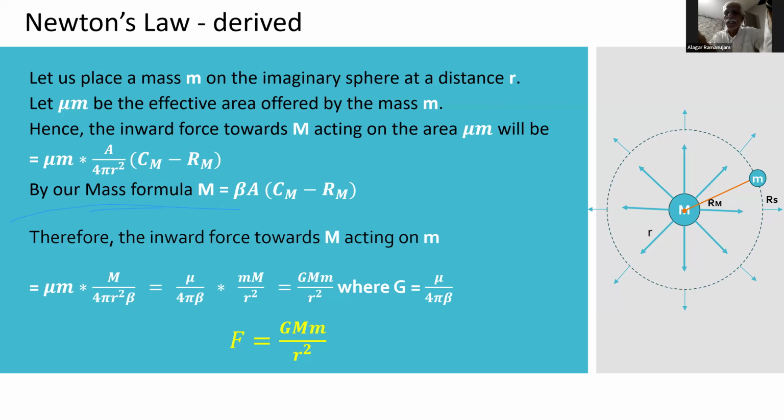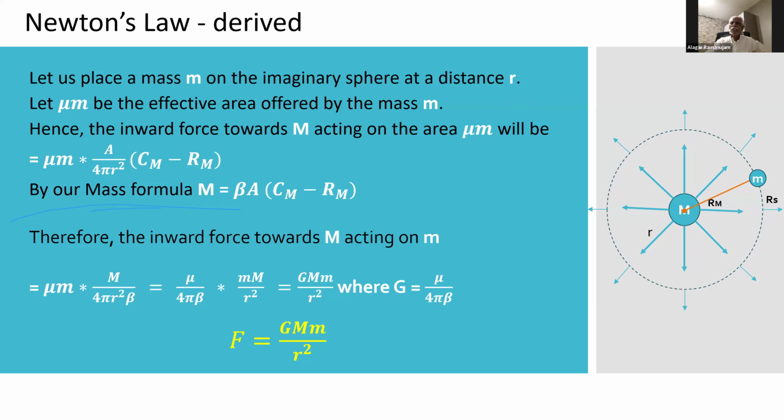Mu by 4 pi beta we keep as a constant G. Then we have G M m by r square, where this G is our gravitational constant. So finally, we get the formula G M m by r square, and that is Newton's law of gravity. So finally, we are able to get Newton's law of gravity derived.